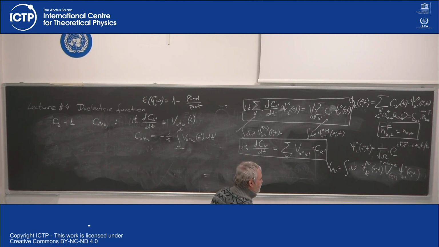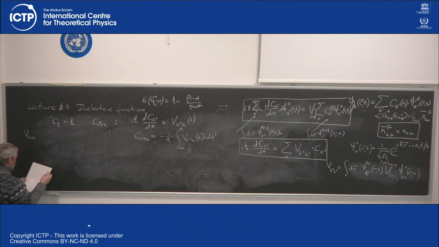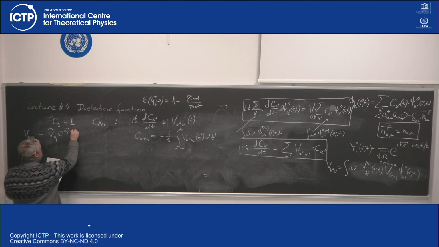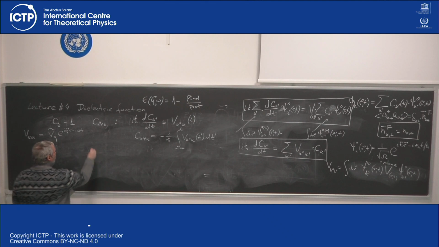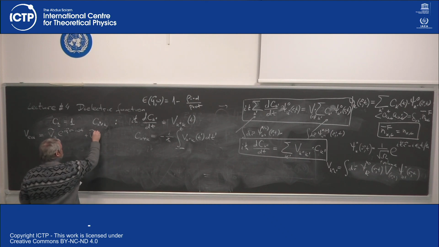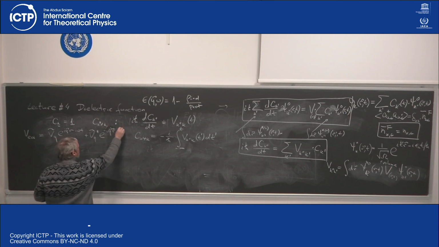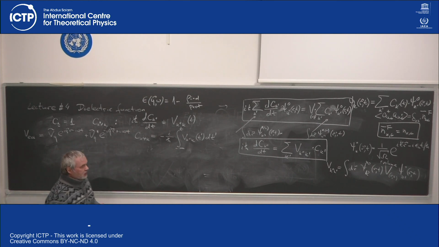I will assume that my external charges' potential, so now I'm talking about V, but first I say that the external potential is equal to some V tilde_q times e to the power i q r minus i omega t. I use a monochromatic wave plus V tilde_q star e to the power minus i q r plus i omega t.